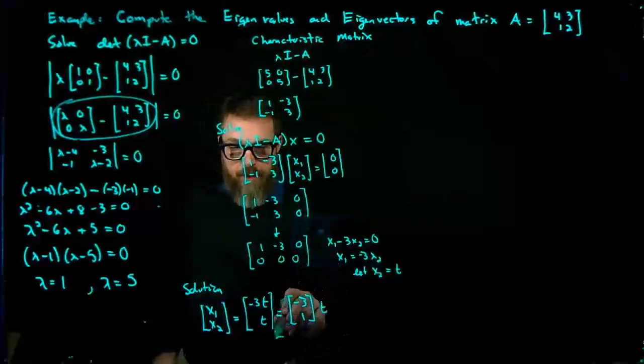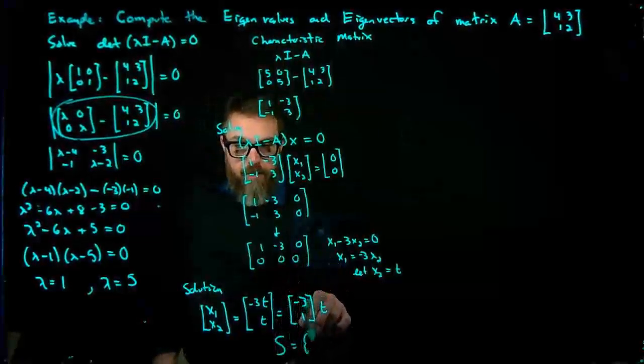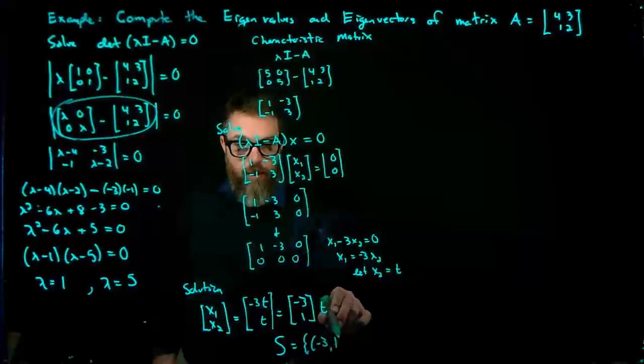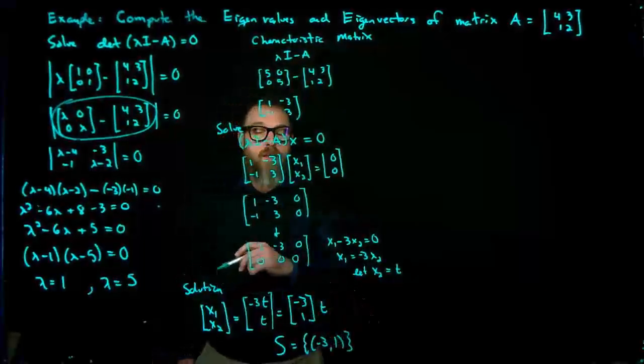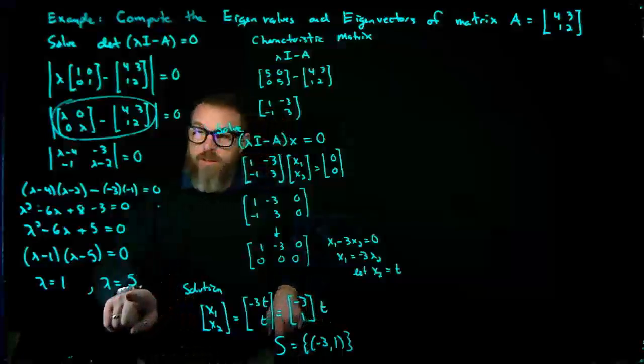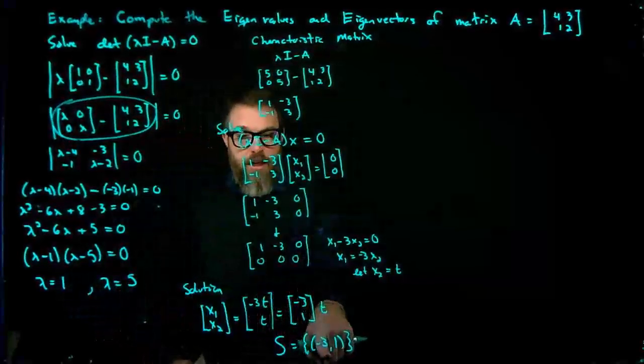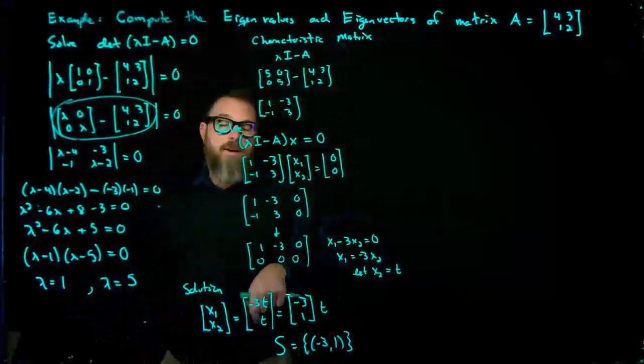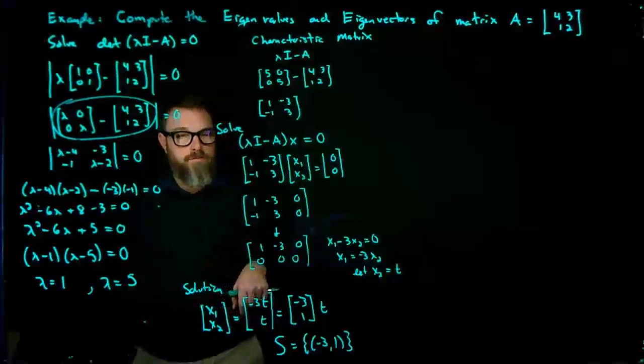So if I want to say the basis of that subspace, S is going to be equal to minus 3, comma 1, which is the eigenvector. So this is the eigenvalue. This is the eigenvector, which is just a rewrite of that vertical matrix.